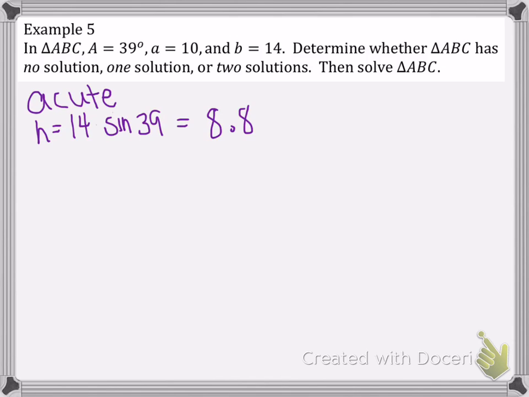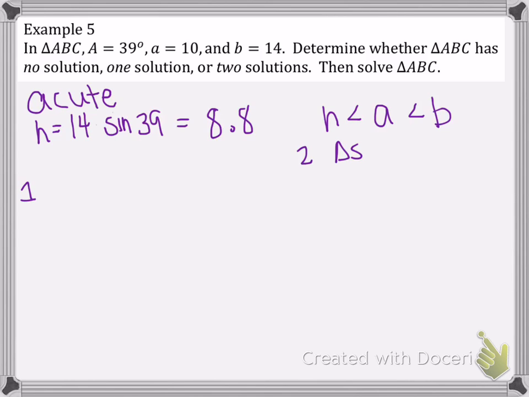So therefore, my height is less than my A, which is less than my B, which means my height is less than the side across from the angle, which is less than the other side. So that means that I have two triangles. All right.